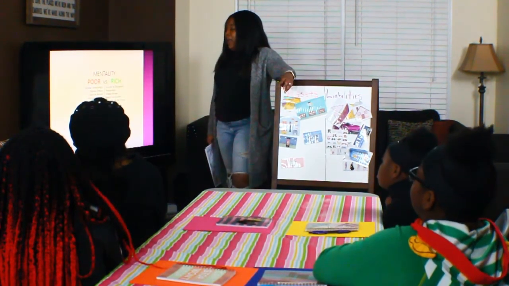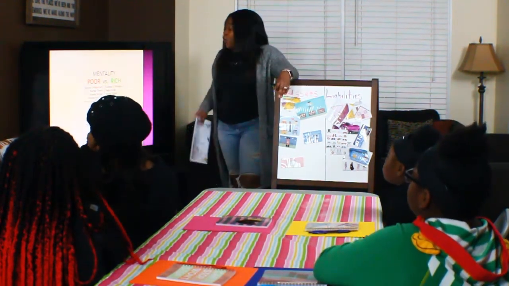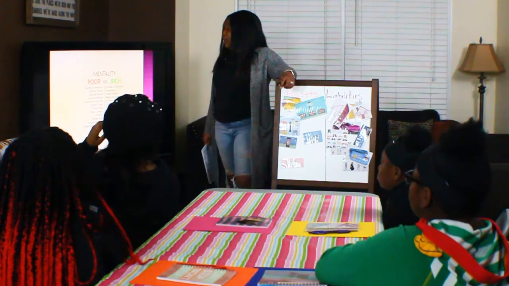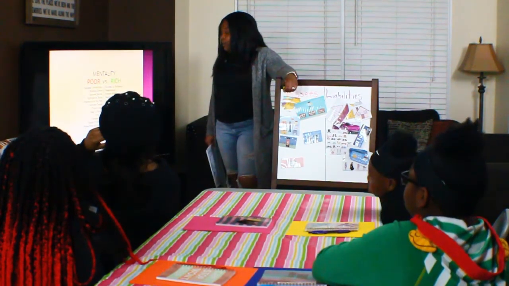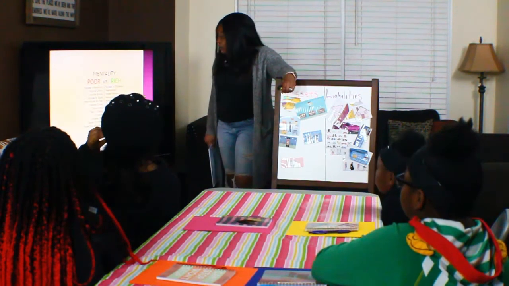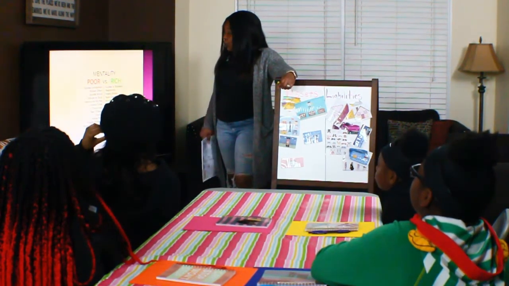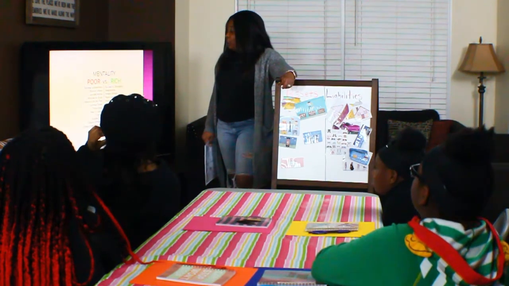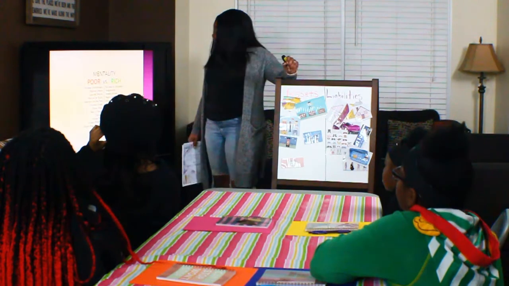The poor pay attention to the past, where the rich pay attention to the future. Poor, they're income driven. Rich, net worth driven. Poor people think small. Rich people think big. Poor people fear change. Rich people embrace change. Poor people criticize. Rich people compliment. Girl, you fly.